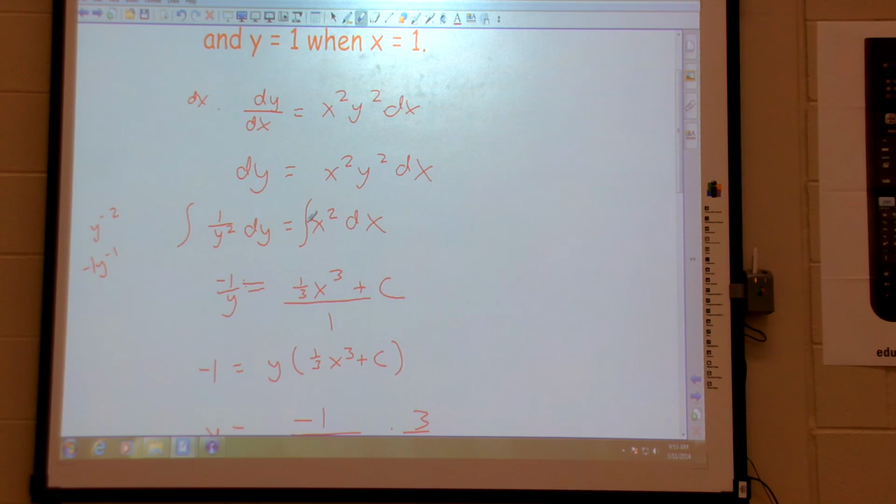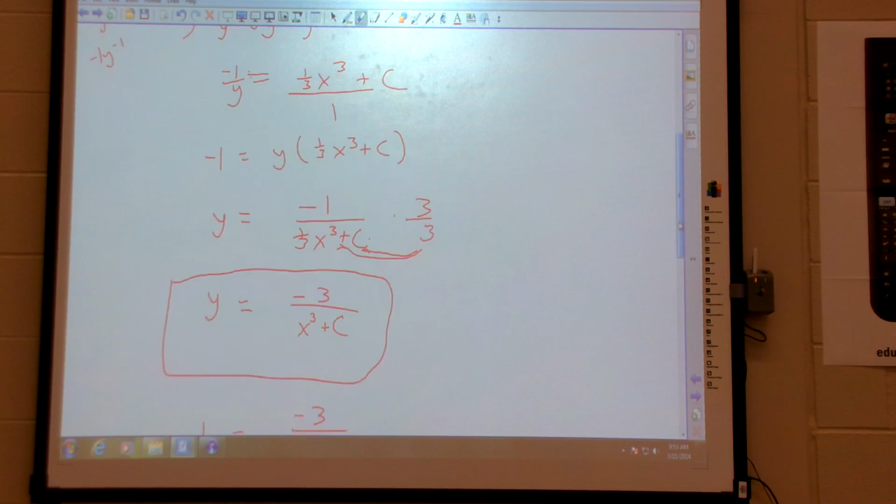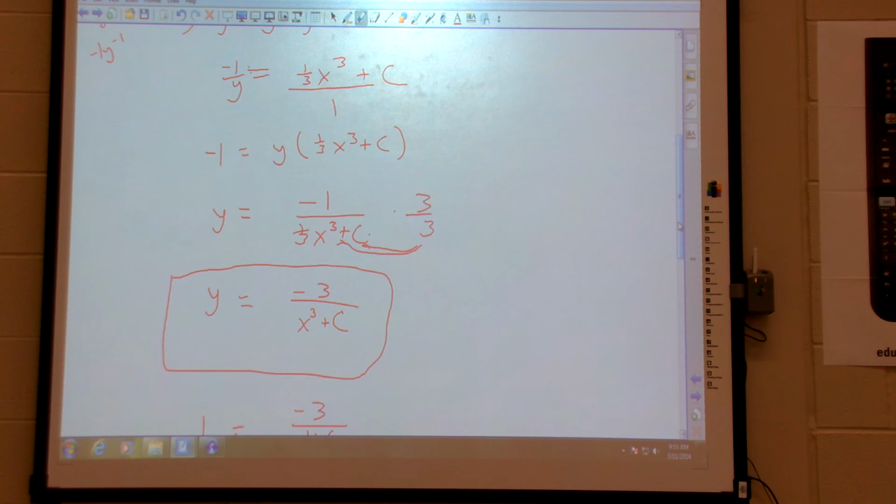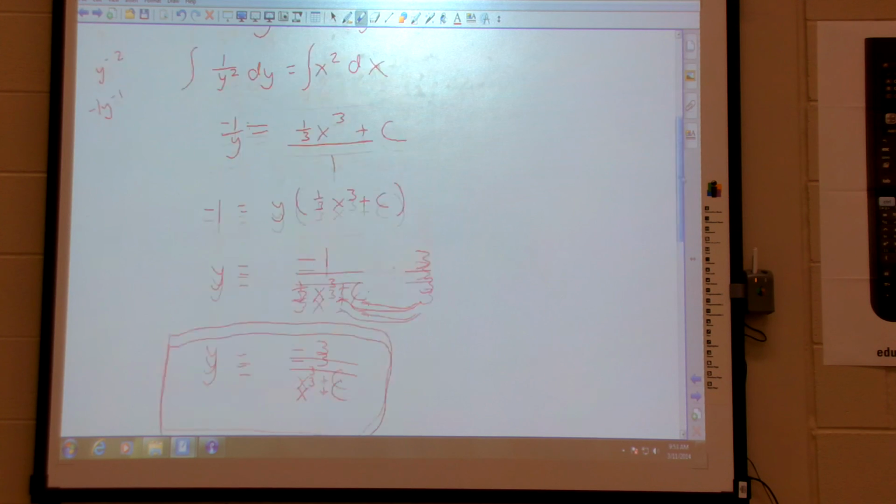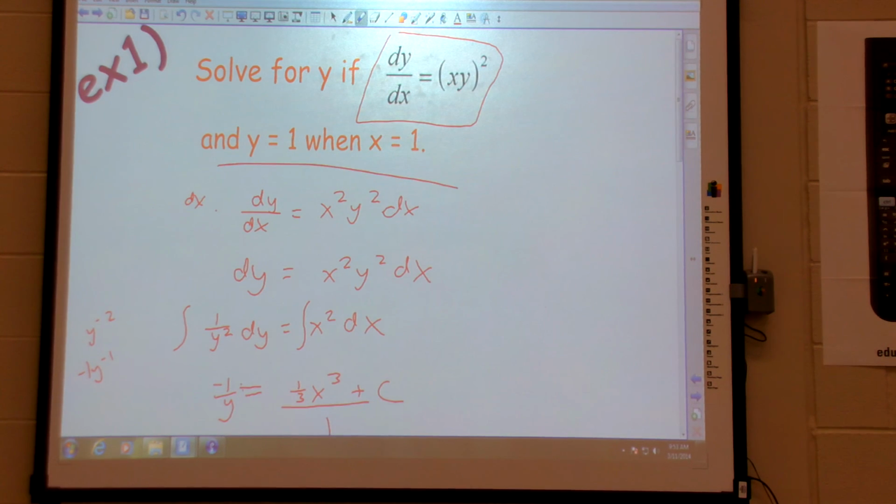Out of curiosity, why would you not need to divide the c by 3? Oh, I got what you're saying. Because it's still a constant. The fact that we multiply by 3, it's still a constant. So with this initial condition, go ahead and do it at the end, because it's still a constant. If you kept that 3 in there, it would have given you a different c.